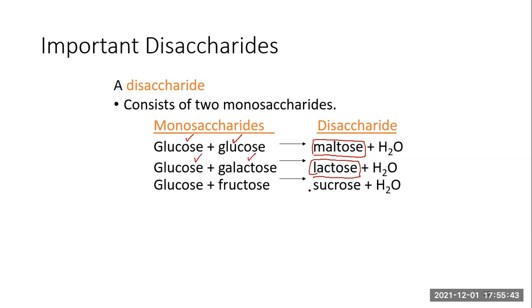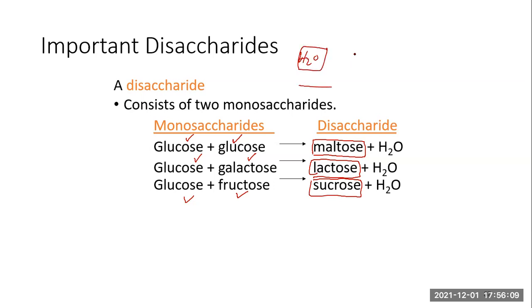And lastly, you need to know that sucrose is made up of fructose and glucose. So this slide's a good one. You do need to know those disaccharides and the two monosaccharides that make them up. And again, we're going to be taking each monosaccharide and removing water, and that's going to tie those guys together.